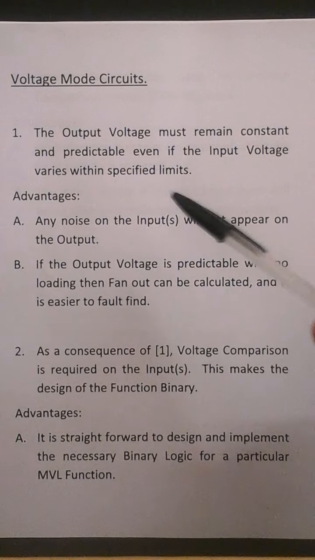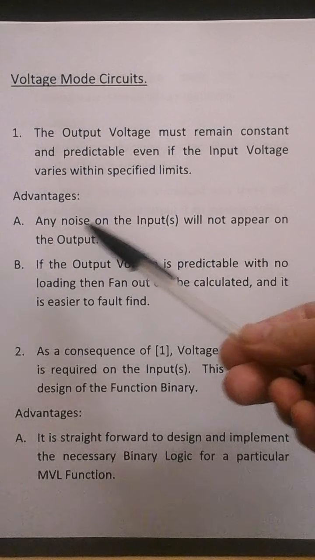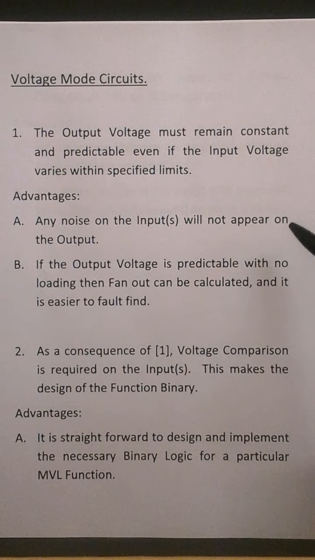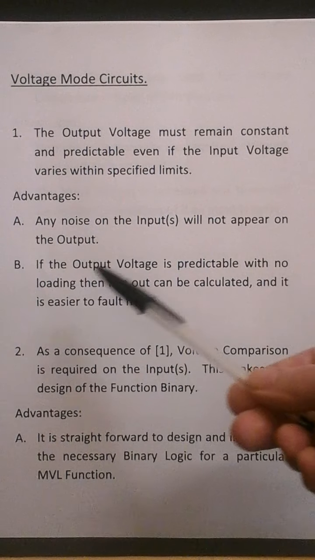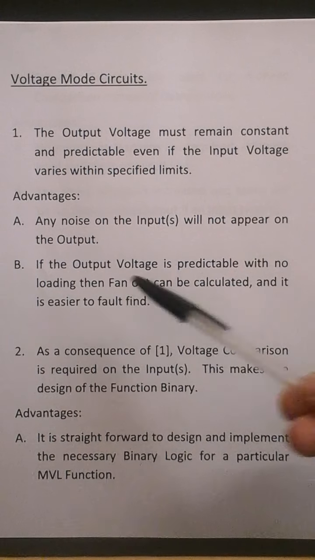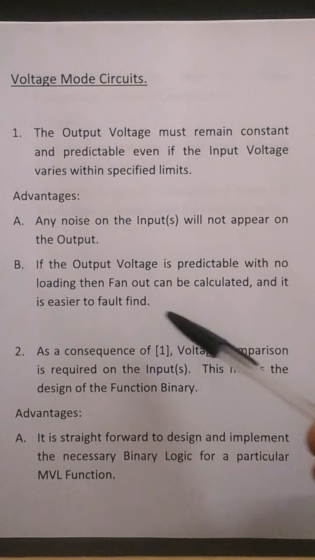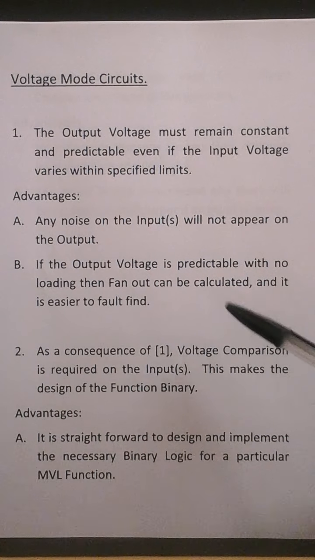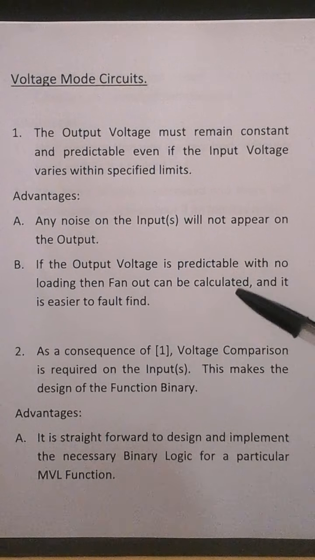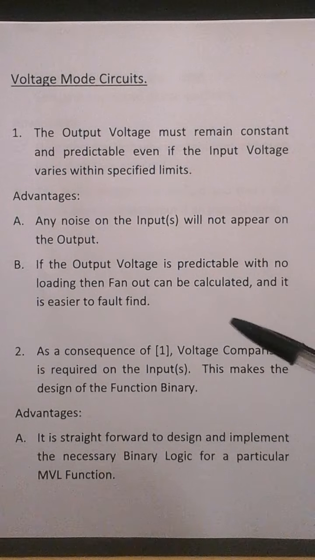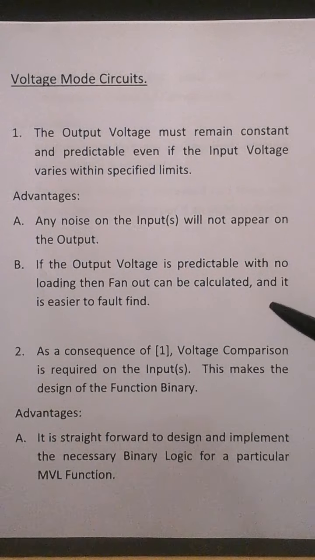Right, so the advantages of this are A, any noise on the inputs will not appear on the output, and B, if the output voltage is predictable with no loading, then the fan out can be calculated and it is easy to fault find. Fan out is the number of outputs you can connect to a single input.